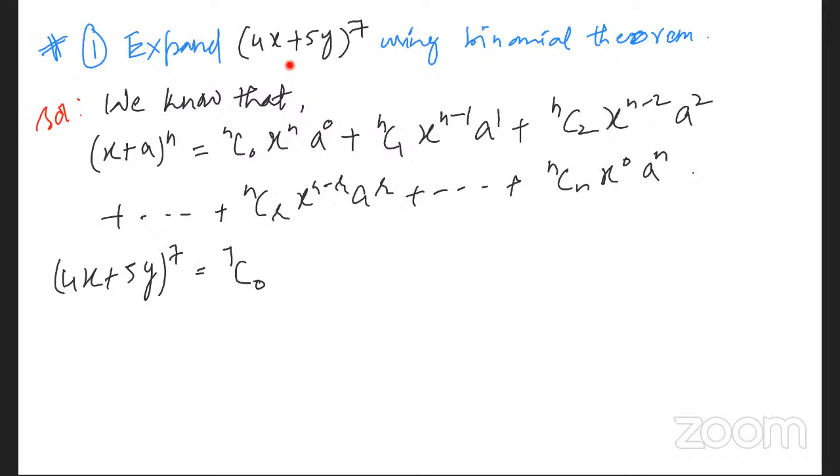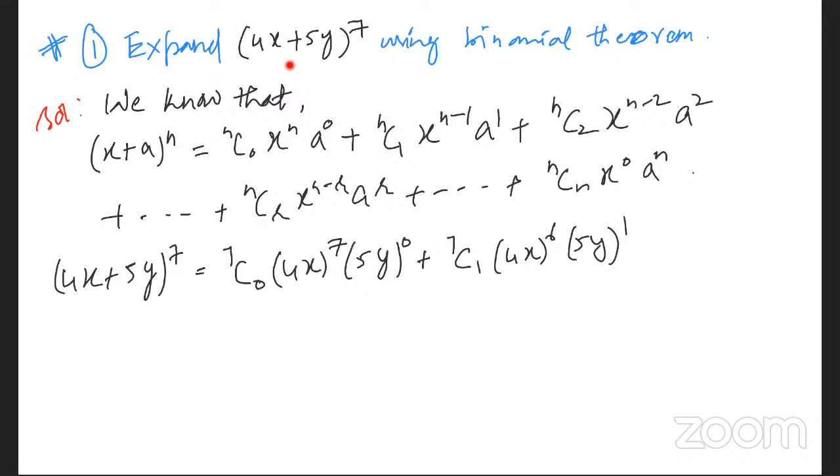This can be written as 7C0 (4x)^7 (5y)^0 + 7C1 (4x)^6 (5y)^1.